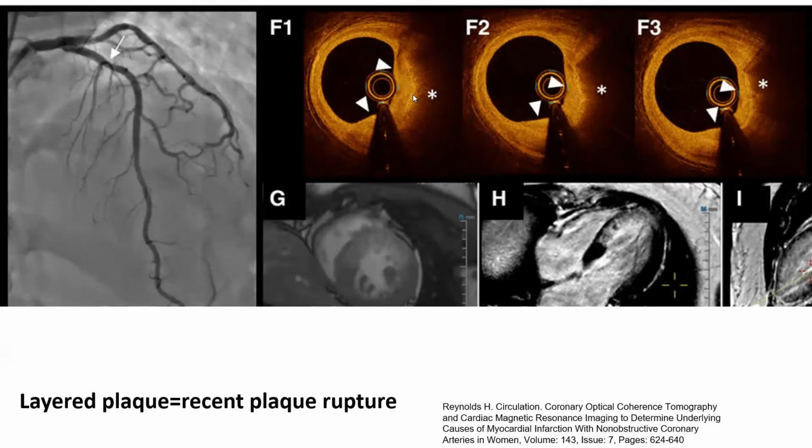As with most plaque ruptures, the body heals those plaque ruptures, and so it will cover it by fibrous intima. The key is that sharp bend and lipid core beyond that bend. It's not very easy to define, but that was actually a common mechanism in MINOCA.